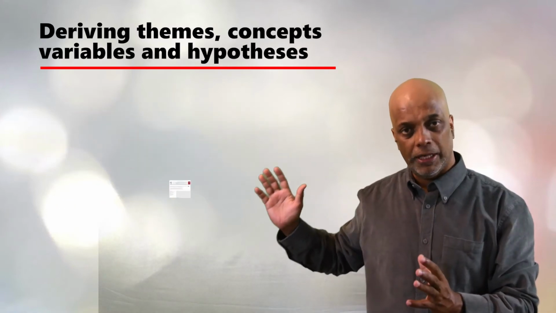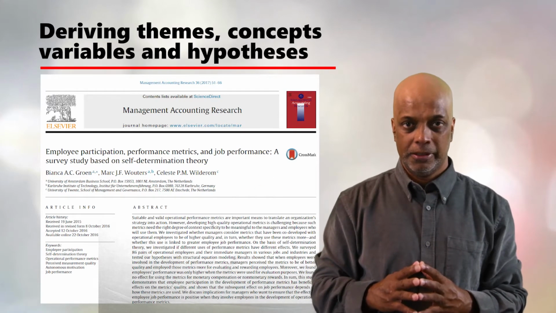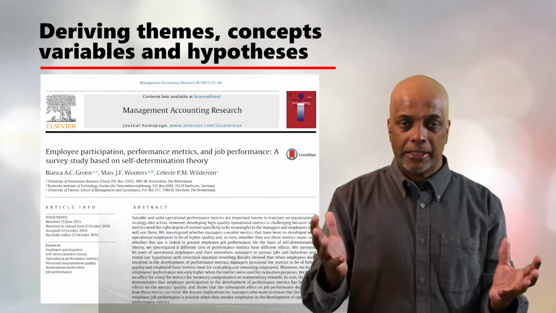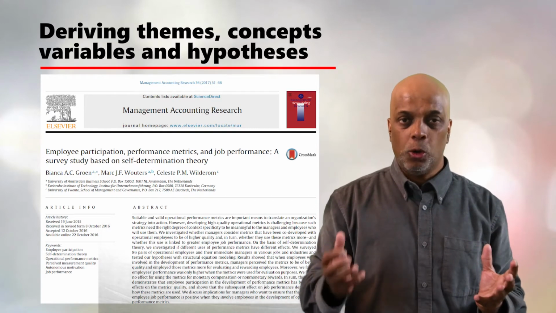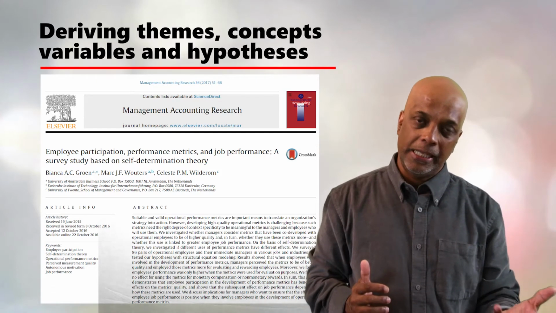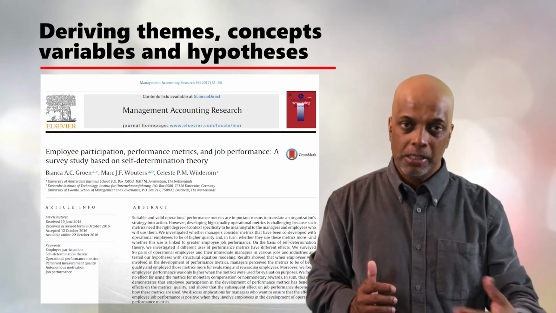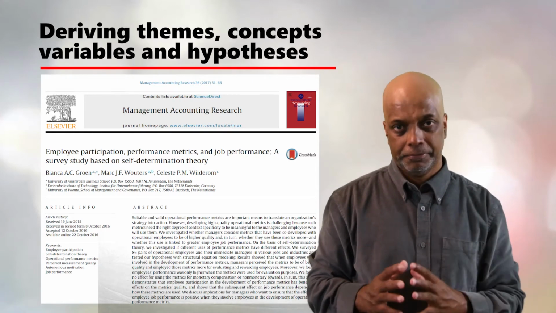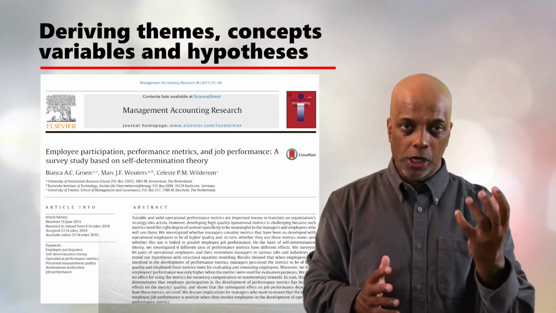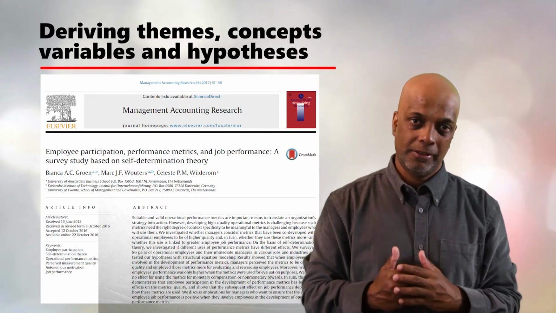Now, in the case of our example paper, Bianca and her colleagues' paper, as you would remember, they want to explore whether there is a causality between the employee performance, the dependent variable, and the extent to which employees participate in the development of their own performance evaluation metrics, mediated by two other variables: the quality of the metrics and the manner in which the metrics is being used.